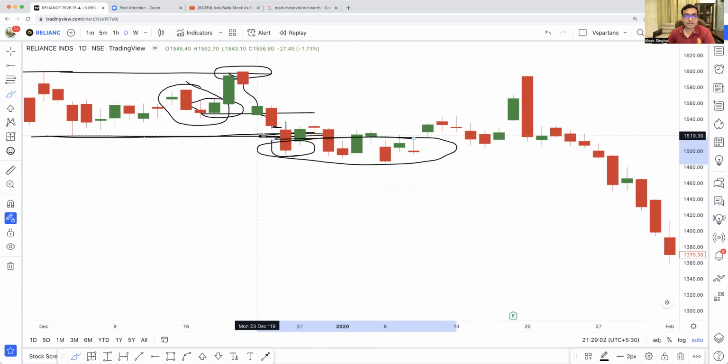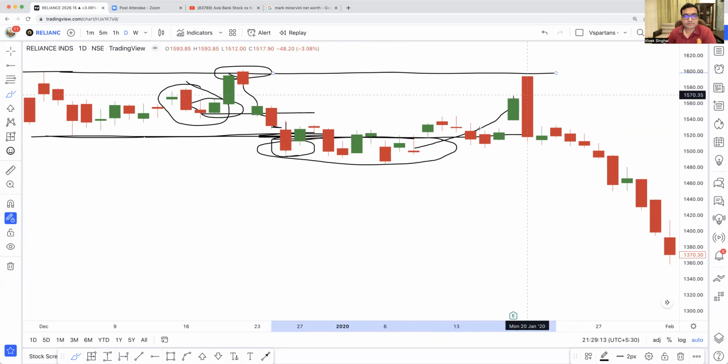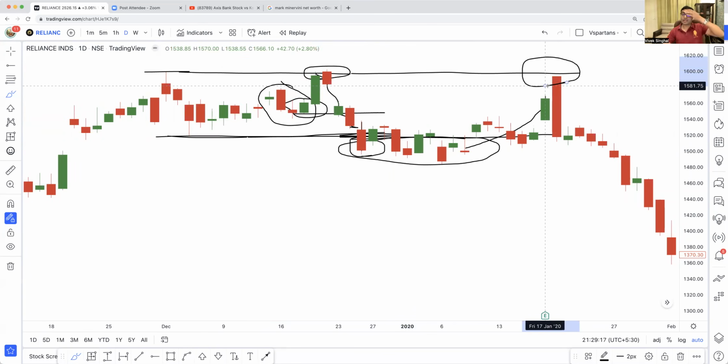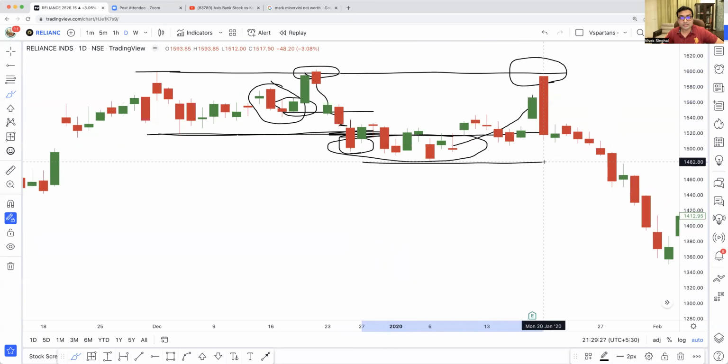Then the operator brought the prices up again in the same range, hitting the same resistance. Again people were thinking, oh no, this is the third time, there was no breakout from this resistance. Again, now the support is this.